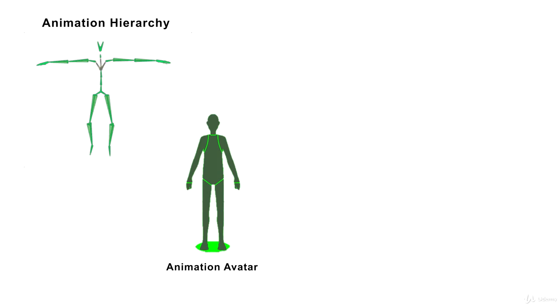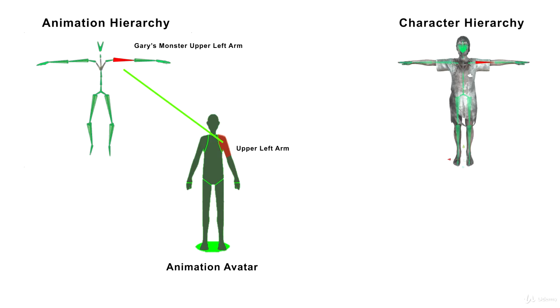So a bone called, for example, Gary's monster upper left arm in the animation file would simply be mapped to the upper left arm body part of the animation clip's avatar. The animation's avatar now knows that irrespective of what the original bone name was, the upper left arm in the target bone hierarchy now has to be updated.